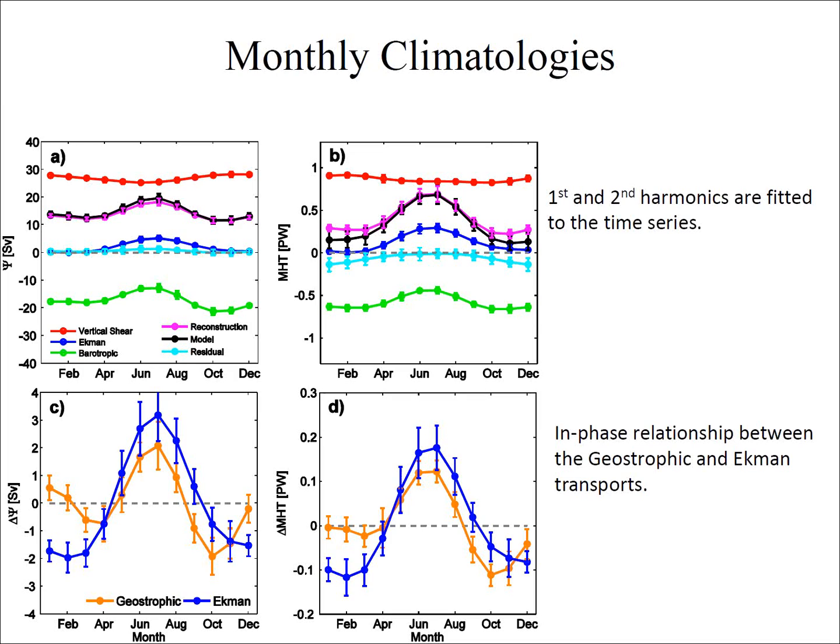The vertical shear has almost no seasonal cycle, and the barotropic part has a strong seasonal cycle that agrees with the Ekman, so they kind of enforce the total seasonal cycle of the model. And the geostrophic part is generally in phase with the Ekman. So this is different from what has been studied in the observational data using XBT.